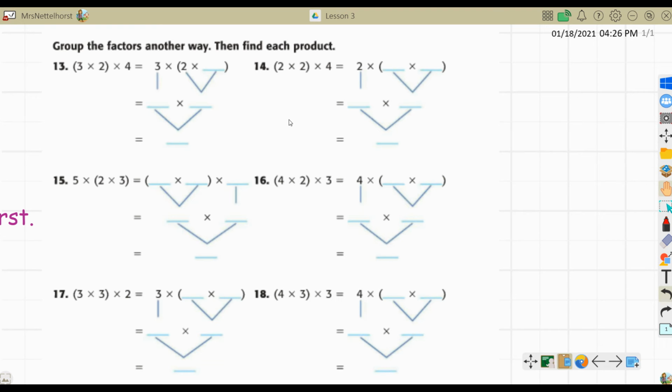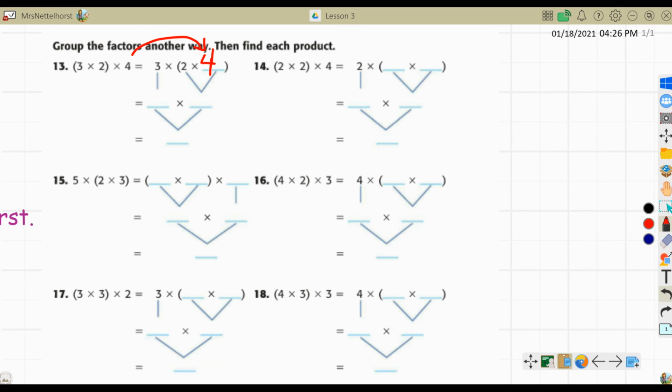Okay, so let me show you how this works. 3 times 2, we're on number 13. 3 groups of 2 times 4 is the same as 3 times 2 groups of 4. Okay, so you just bring that missing number over to right there, then you finish the calculation.